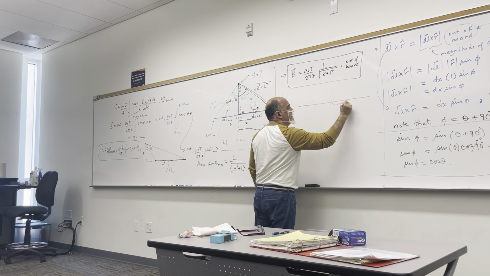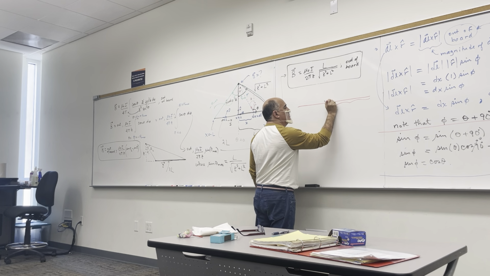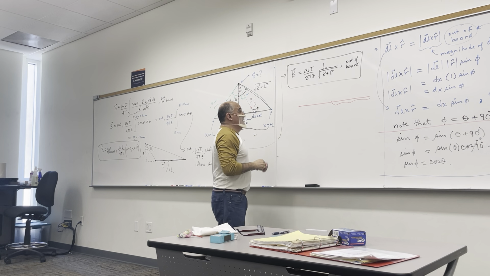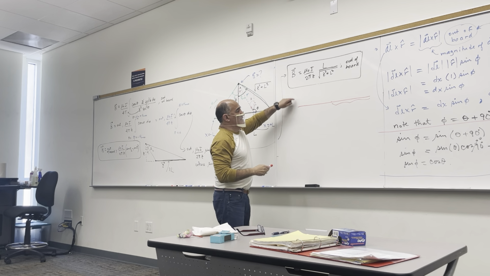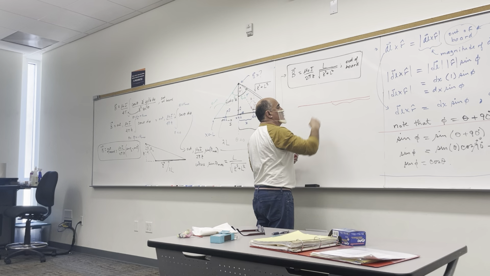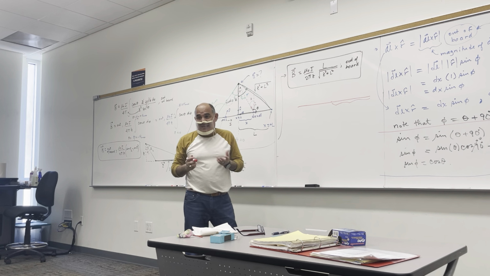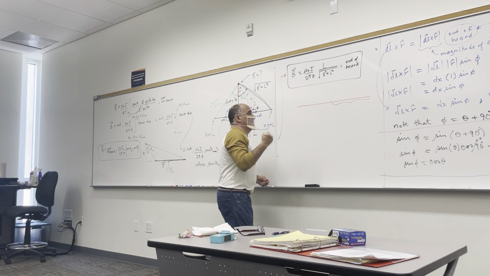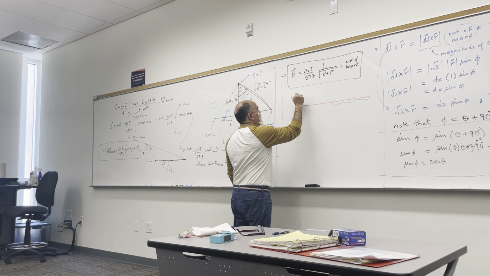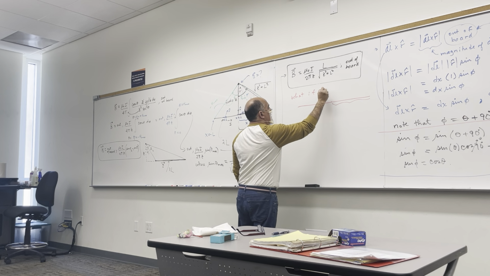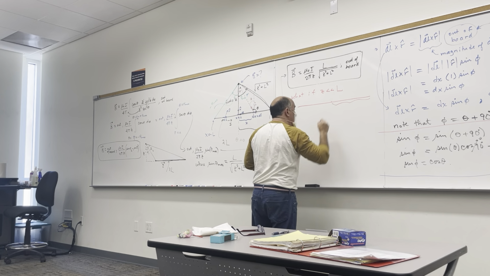This distance is very big compared to this little distance. In other words, what if you take the limit as L is much greater than Z, or Z is much less than the length of the wire?